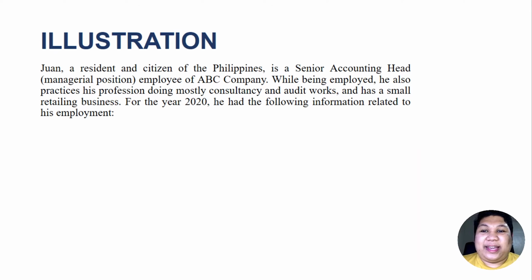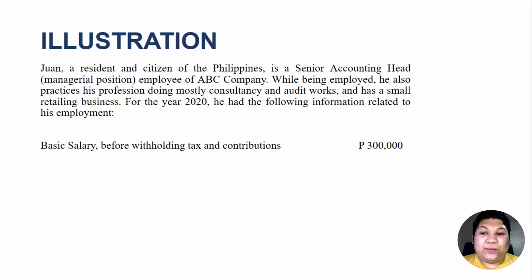Juan, a resident and citizen of the Philippines, is a senior accounting head holding a managerial position as an employee of ABC Company. While being employed, he also practices his profession, doing mostly consultancy and audit works, and has a small retailing business. For the year 2020, he had the following information related to his employment. Basic salary before deducting withholding taxes and contributions is 300,000 pesos.